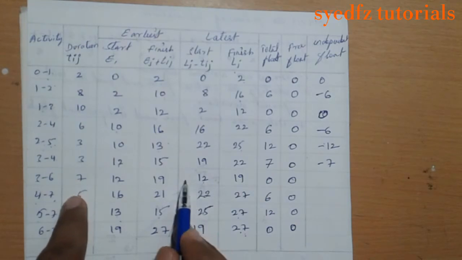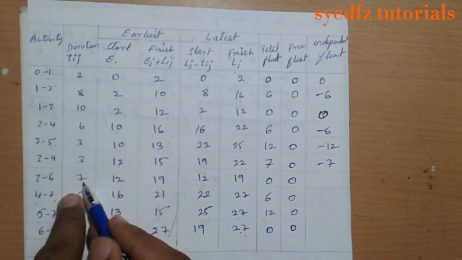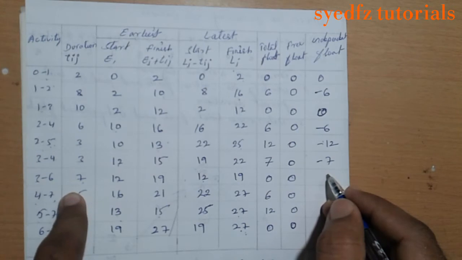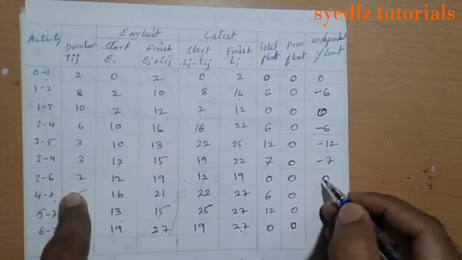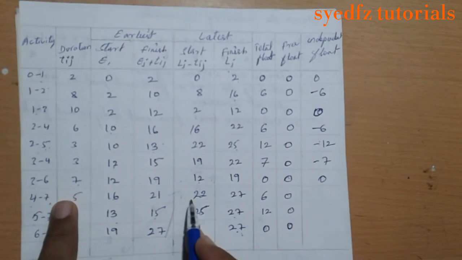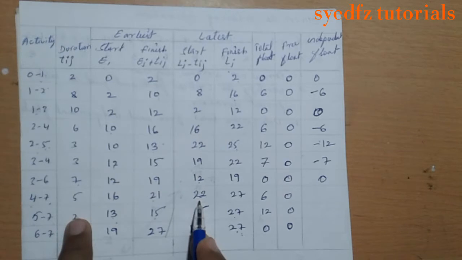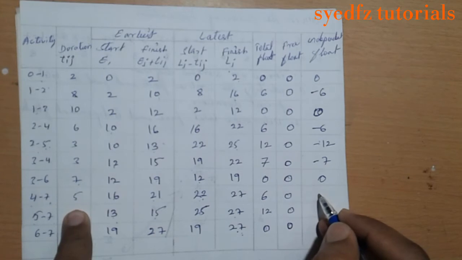Then minus duration 7, plus and minus cancel. Answer 0. Next, earliest finish is 21 minus latest start 22, minus 1. Minus 1 minus duration 5, so it's minus 6.